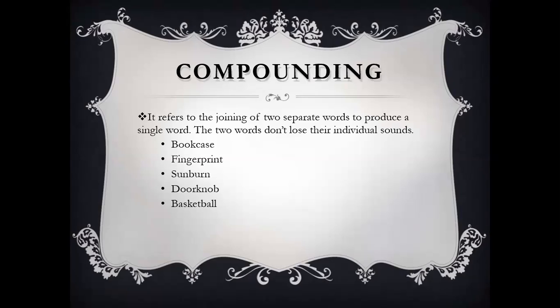So bookcase. If we take these words as separate, for example, book and case separately, they didn't lose their sound and their meaning. Bookcase, fingerprint, sunburn, doorknob, basketball, or football, maybe.